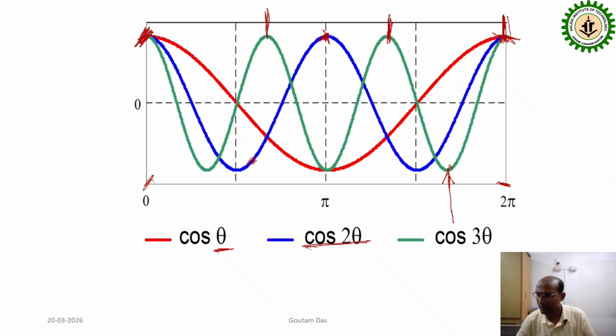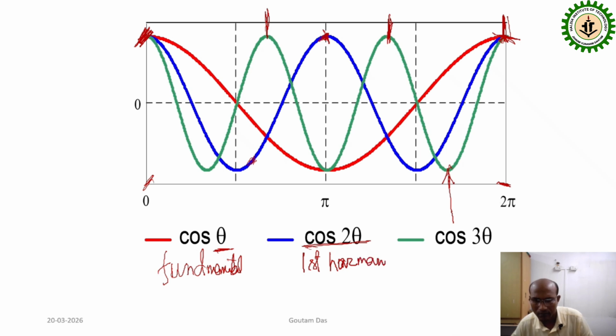So again, this cosine waveform is the fundamental frequency, this one is known as the first harmonic, this one is known as the second harmonic, and this one is the third harmonic.